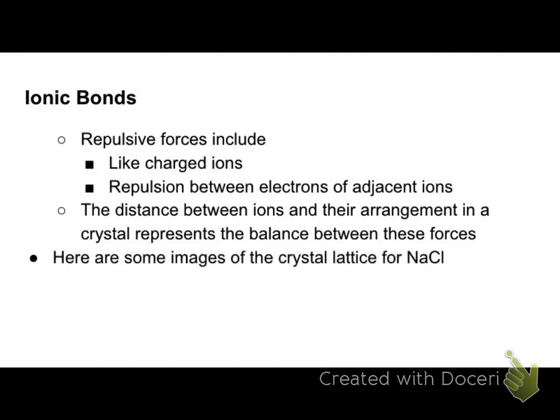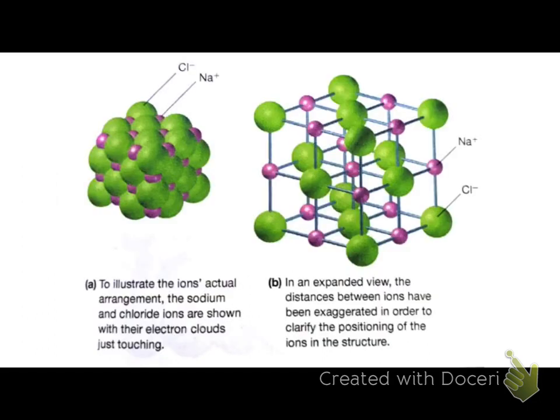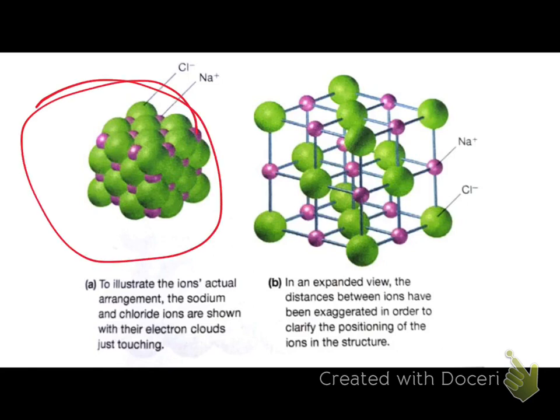Here are some images of a crystal structure to help drive this point home. In the image over here on the side, you can see that there's a sodium ion and then there are chloride ions around it. In this image, they've taken the same structure that's on the left and expanded the distance between the individual ions so that you can see the actual structure.